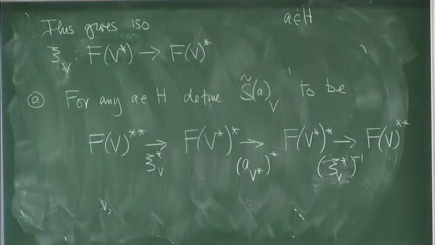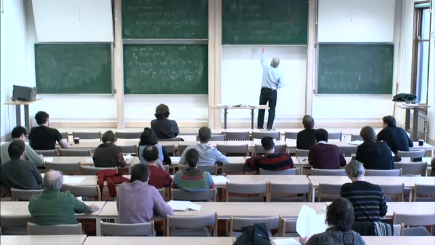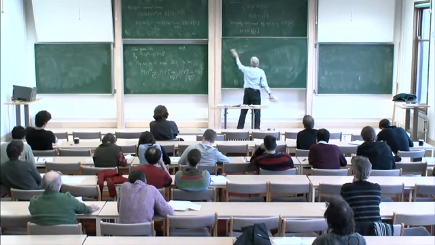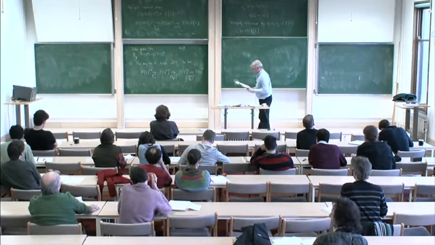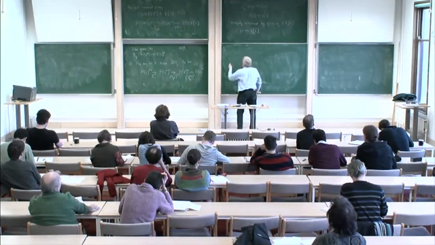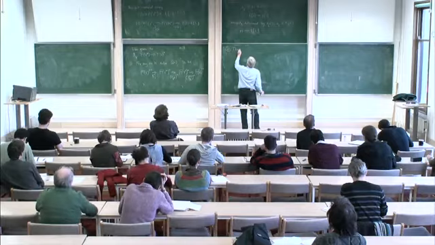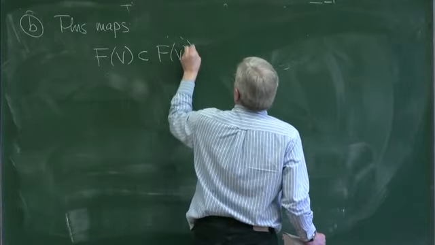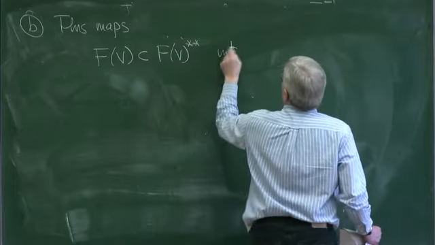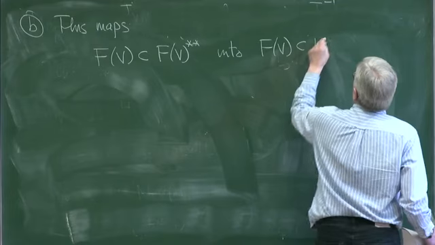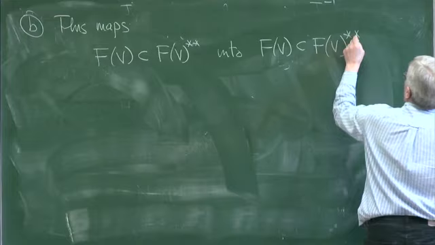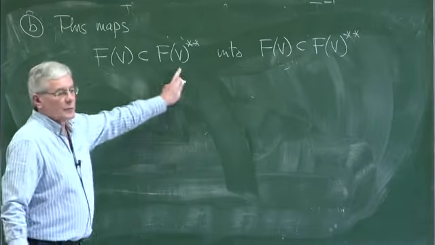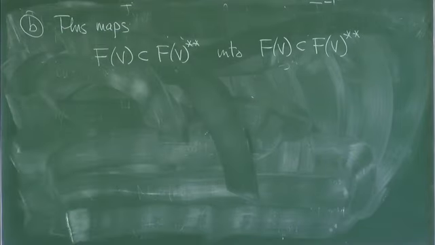And finally I say this maps F of V contained in F of V dual into F of V. So there's something to check there, that this construction actually sends the natural copy of F of V in its double dual into the copy of F of V in its double dual.